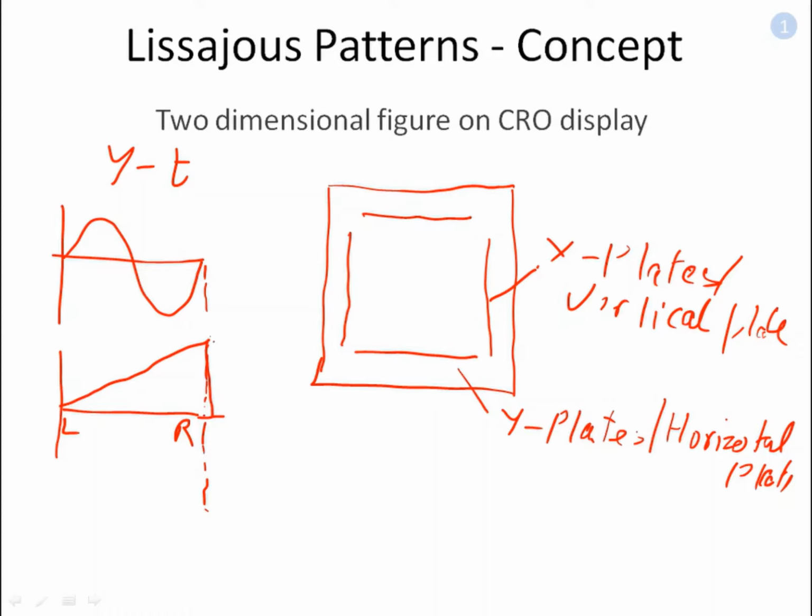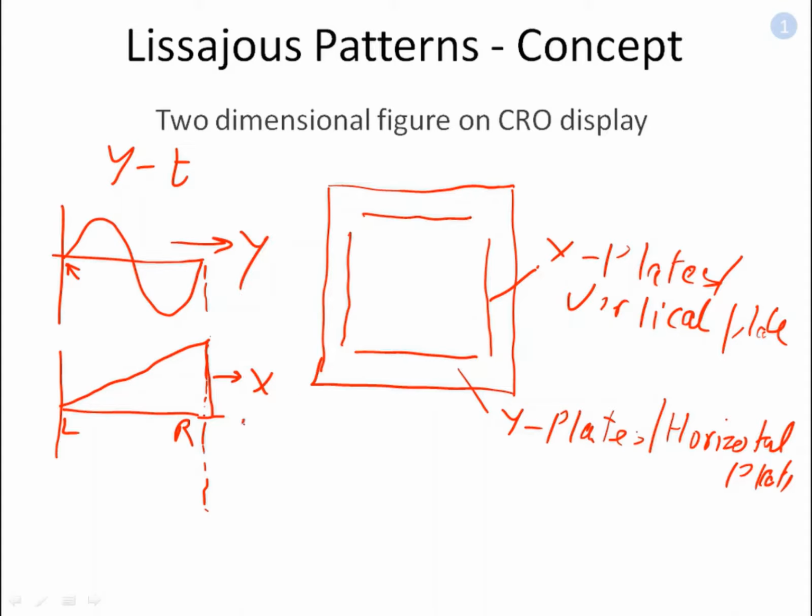Now let us see when the waveform starts at the origin, how it is displayed. So when we apply the sweep input to the X plate and the signal to be analyzed on the Y plate, how it behaves.